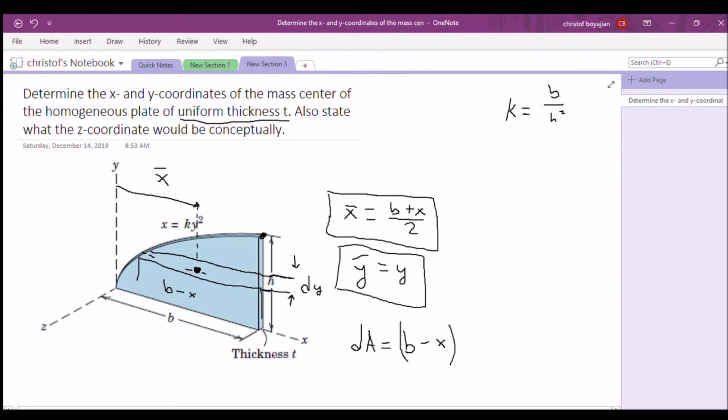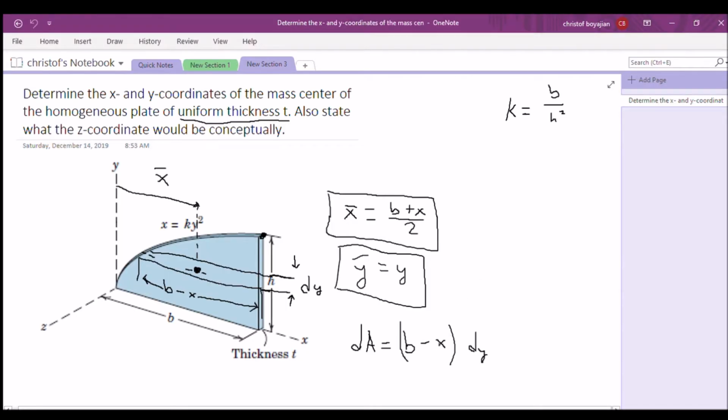So this distance right here is b minus x, times dy. This is our thickness or our height of that cross section. So that's our area, or our dA is (b minus x) times dy.